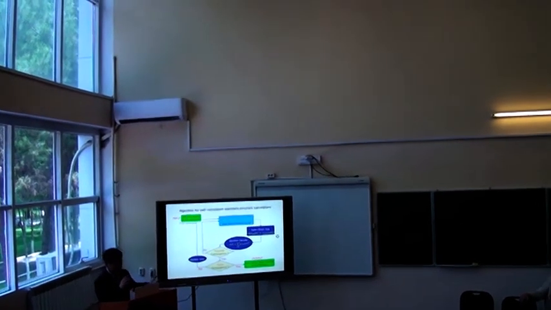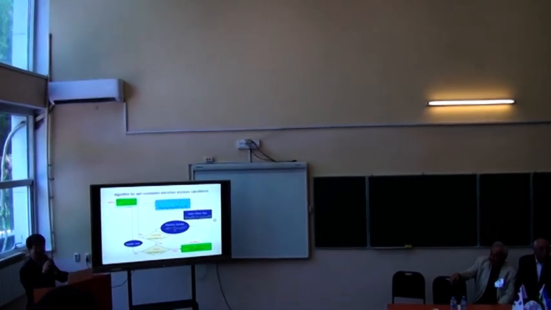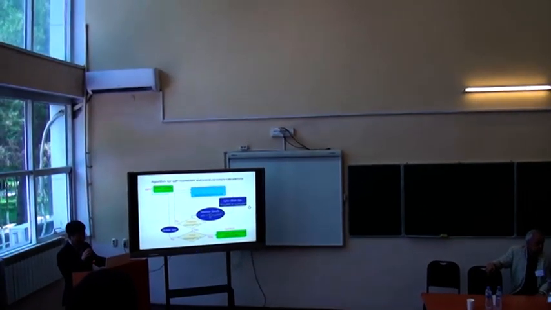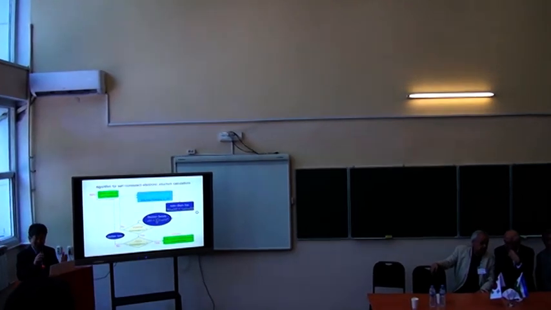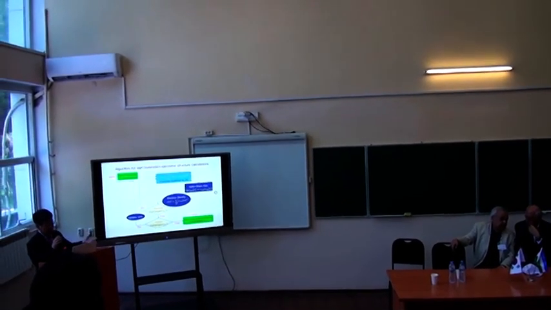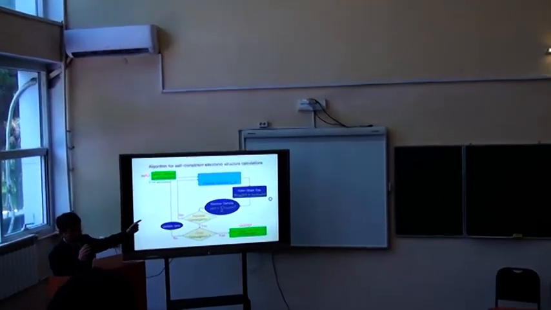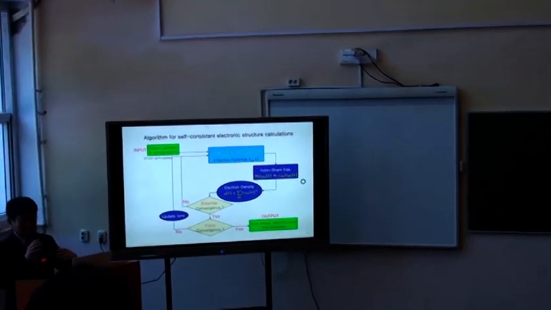Using this Hamiltonian, you can solve the Kohn-Sham equations to get the electronic density. Using the obtained electronic density, we can set up a new potential. We compare this newly obtained potential with the first effective potential, and check whether it converges.